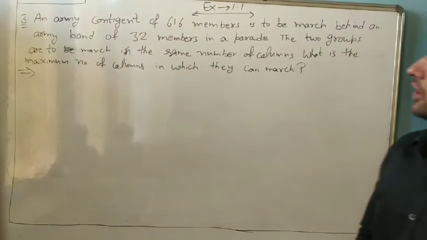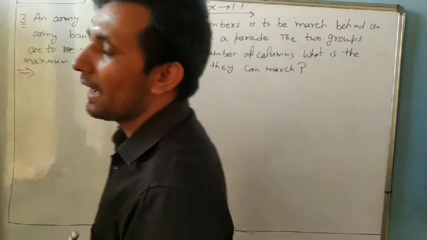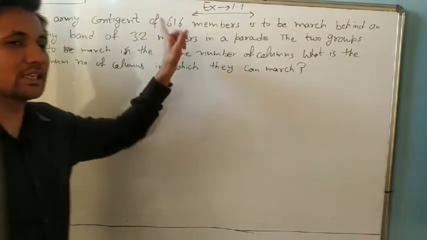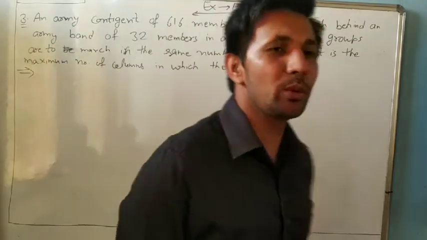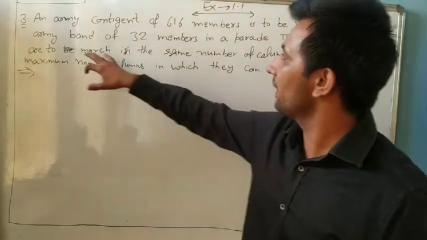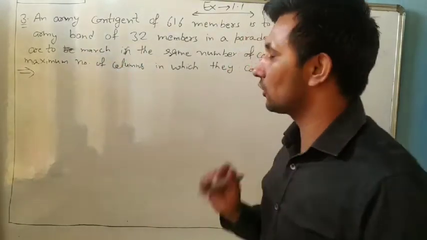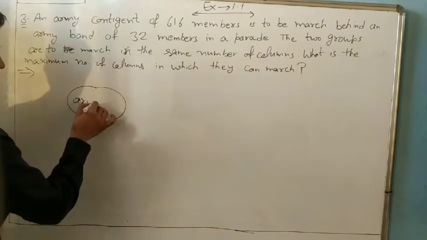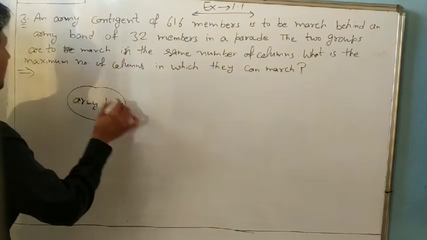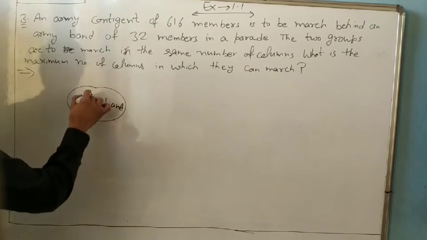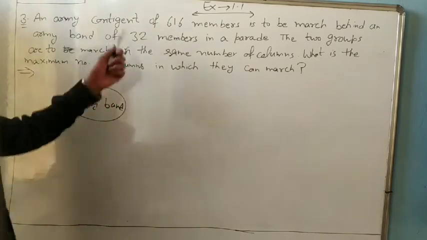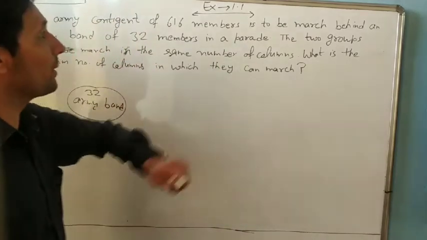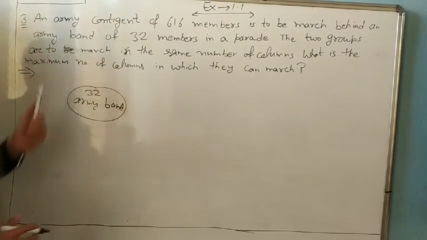In question number 3 we are given an army contingent of 616 members that is to be marched behind an army band. There are two groups. One is the army band, and in the army band there are 32 members, and the army contingent of 616 members is to be marched behind the army band.